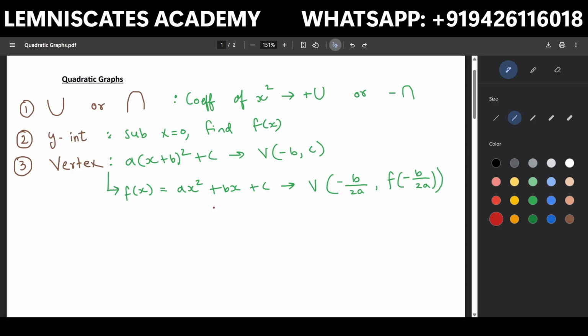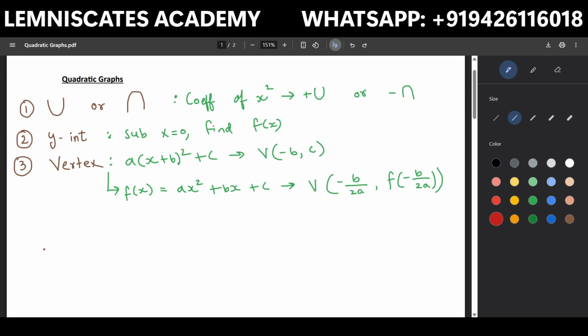So the fastest way is the x coordinate of the vertex is simply minus b by 2a. You do minus b, divide that by the 2 times the value of a. Once you're having the x value, of course you can substitute that as an input to this function and it is going to give you the y value of this vertex.